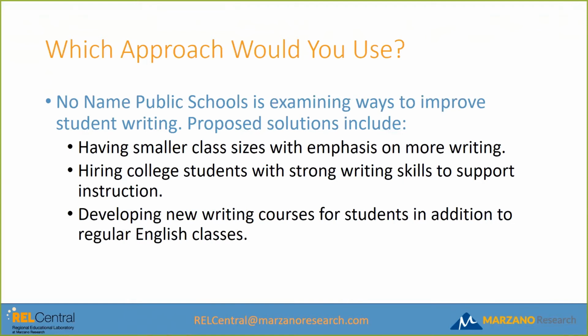So again, using the polling feature, why don't you give us your best guess on what the most appropriate approach is for conducting a cost analysis? And once again, if anyone is interested in sharing the rationale for your choice among the three approaches, please feel free to share that using the Q&A button, or if you have a question regarding this scenario.